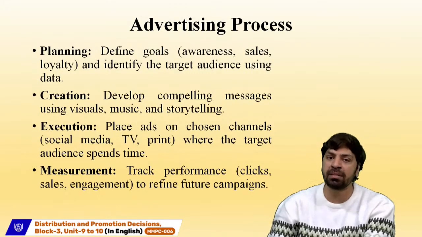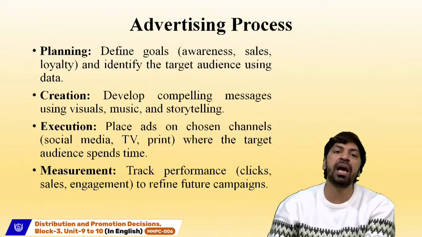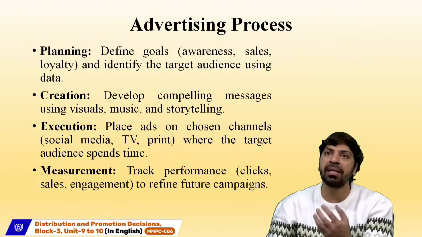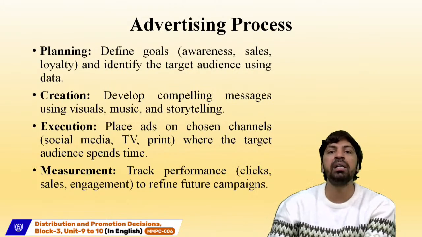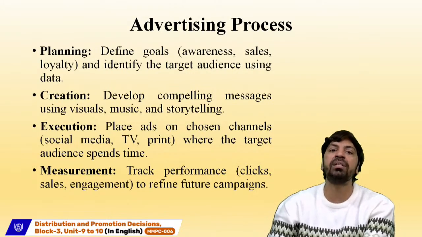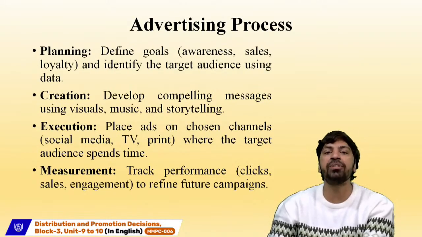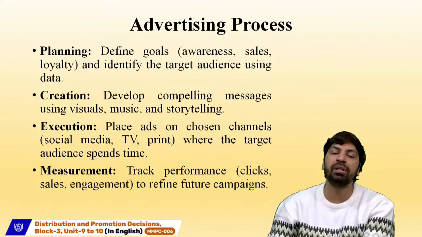Next is execution. Once the planning and creation have been done, it plays the ads on the selected channels, either social media, television, or print, where the target audience spends time. Next is measurement. Then track the performance using clicks, sales, and engagement to refine future campaigns.